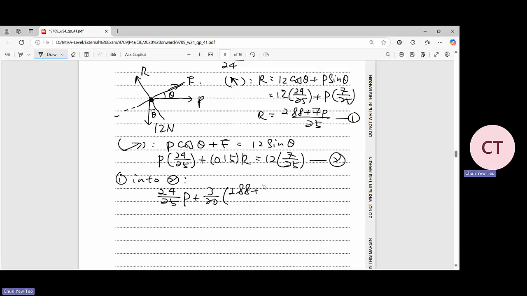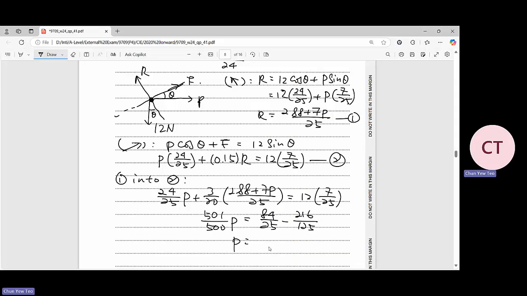288 plus 7P/25 is equal to 12 times 7/25. Okay, so we can actually just combine everything together. So I will get 501 over 500 P using calculator. Then you can get this one as 84 over 25 minus 216 over 125.